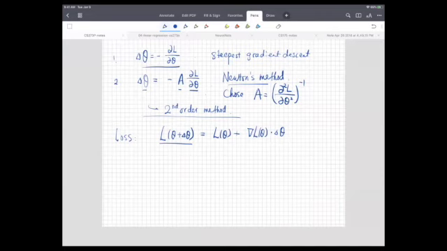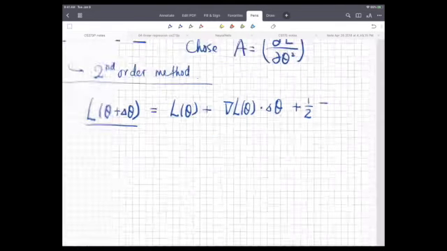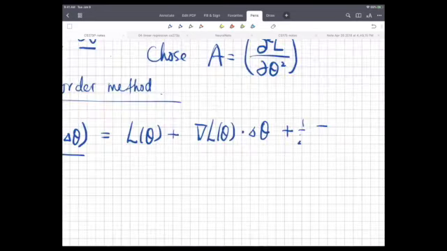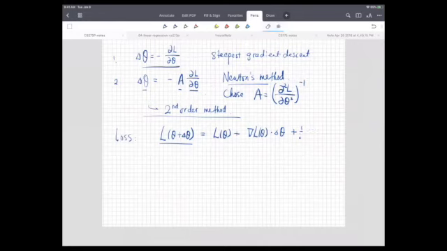And also if you want to make it more precise, more accurate, then you go to the next step. So that would be the second order approximation. Within the second order approximation, you have this term here to be delta theta transpose, and then you have the second order term, called the Hessian matrix here, times delta theta.